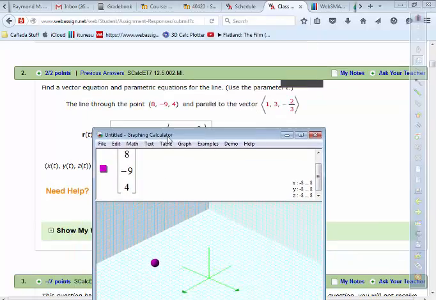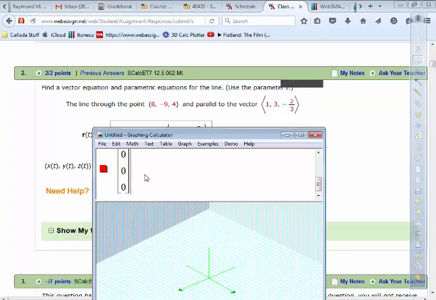Now the vector. In this particular program, to be able to write the vector, you're going to have to put the tail and then the head.